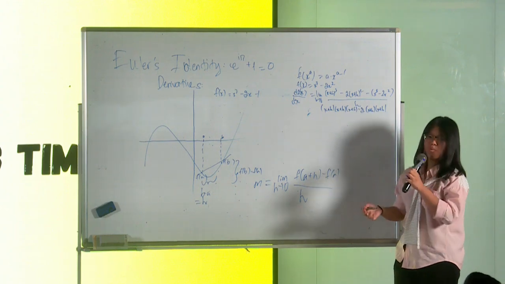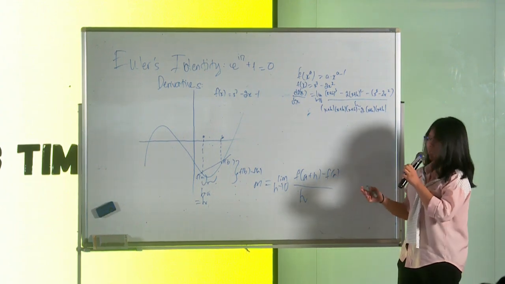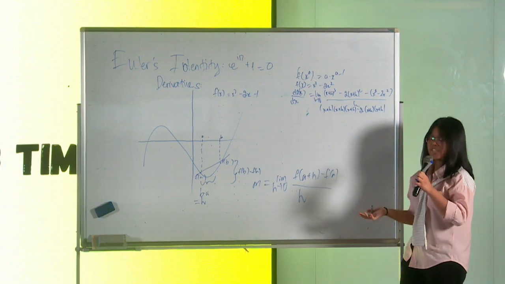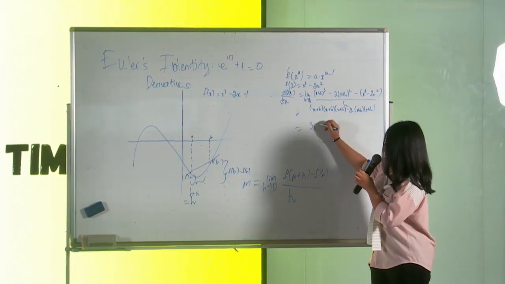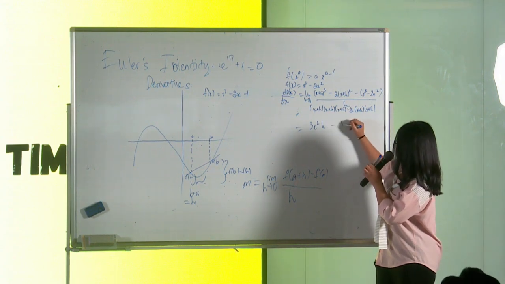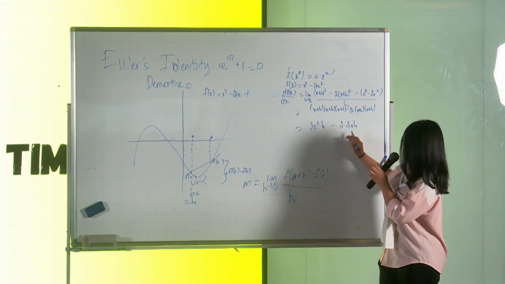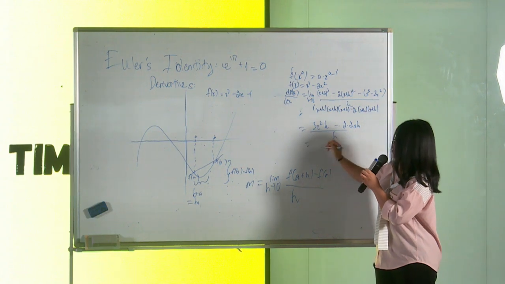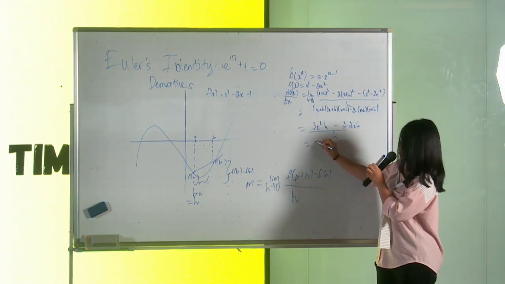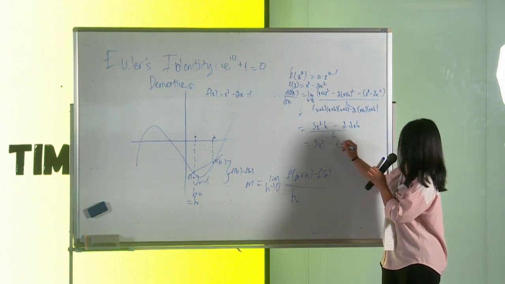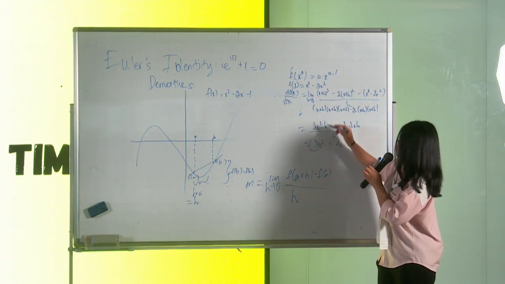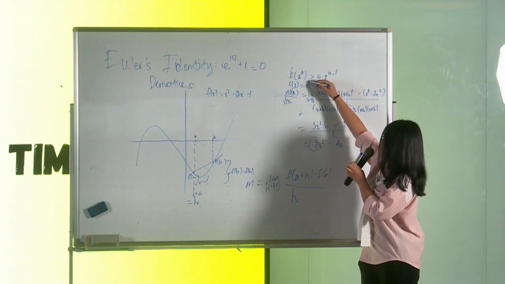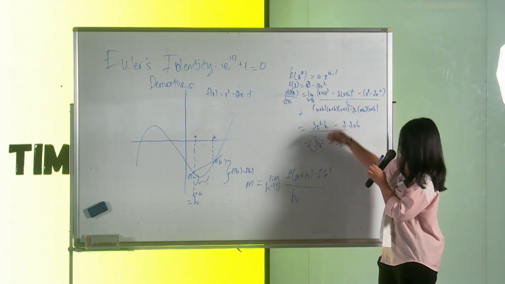Because h is approaching 0, any term with one h in it will remain in the equation, which are 3x squared h minus 2 times 2xh. We divide these terms by h, and the derivative of this function will be equal to 3x squared minus 4x. Here we can see that the coefficient comes from the exponent of x.